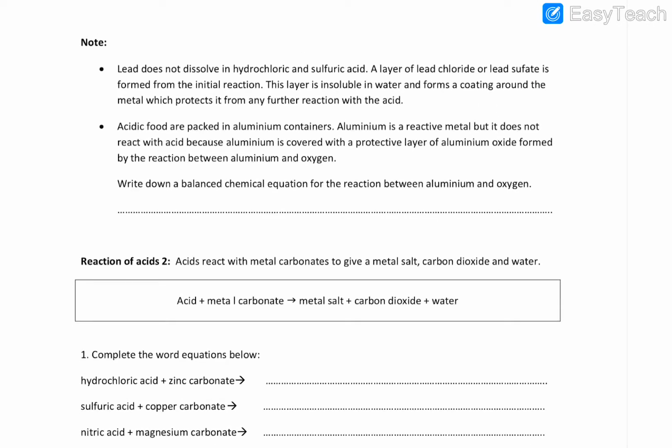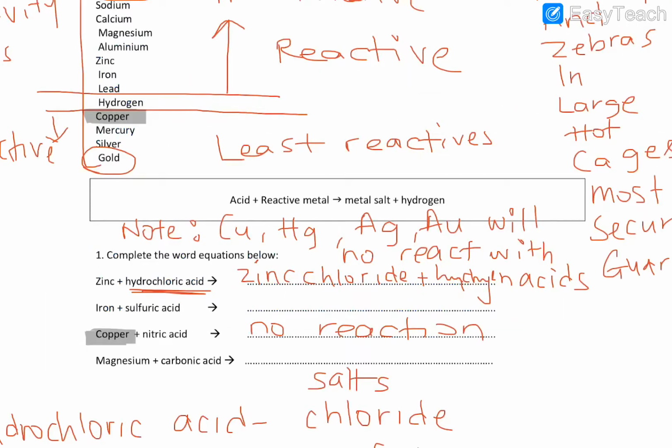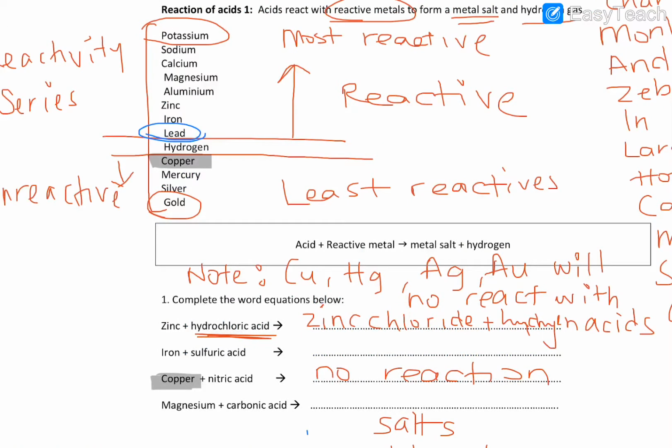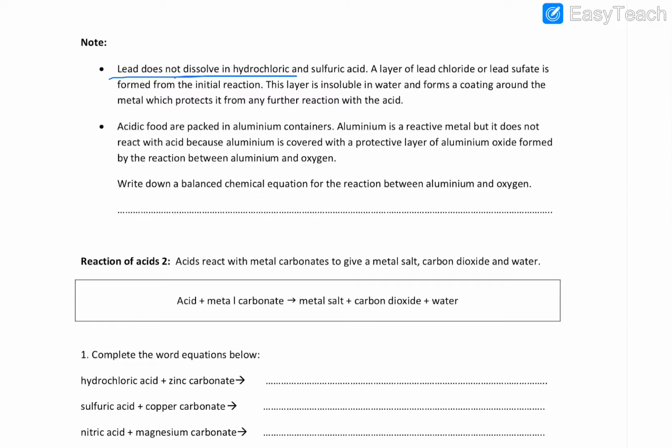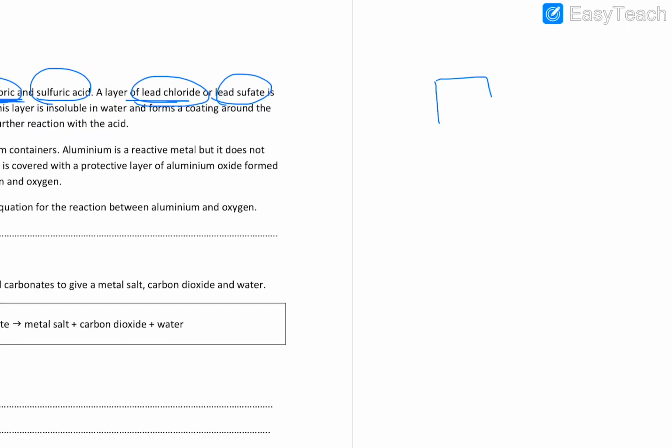Now note that if you look in the reactivity series, you will see that lead is above hydrogen. Normally lead should react with acid, and it does start to react, but as soon as it reacts, if you're reacting with hydrochloric or sulfuric acid, a layer of lead chloride or lead sulfate forms, depending on which acid you're using. So if you're using hydrochloric acid, let's say this is the lead that you're putting in the HCl.